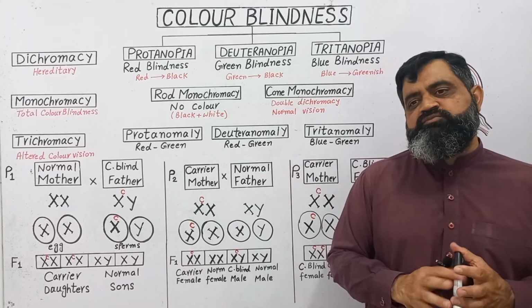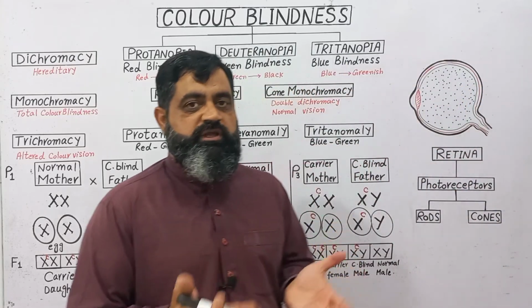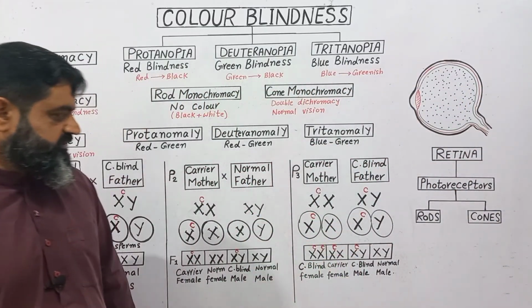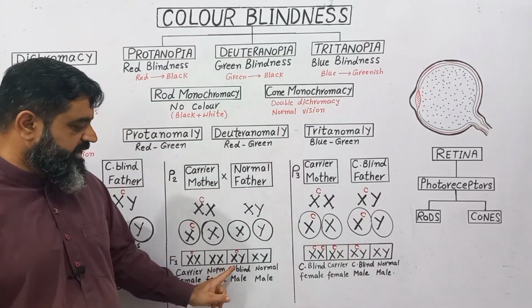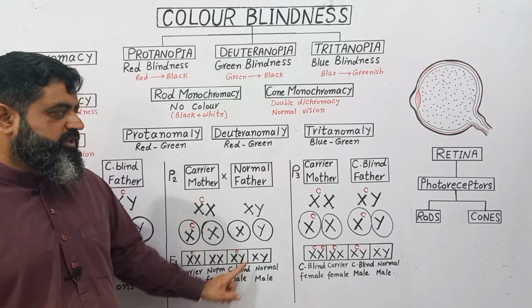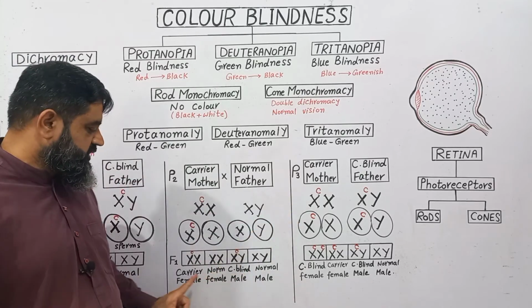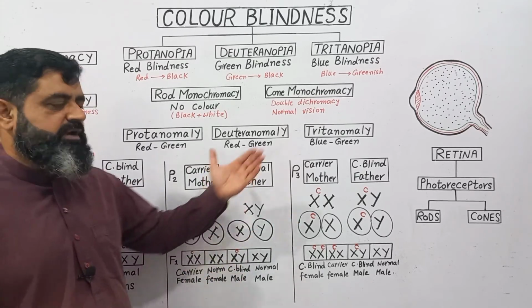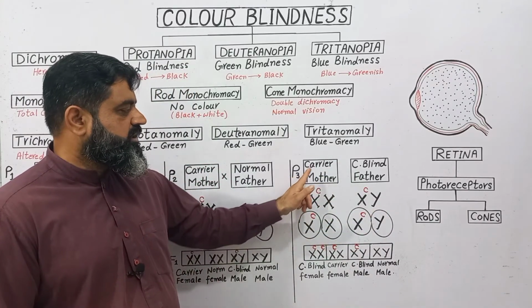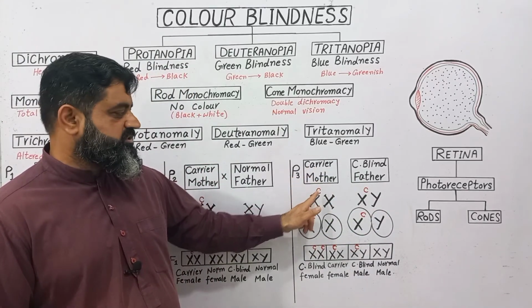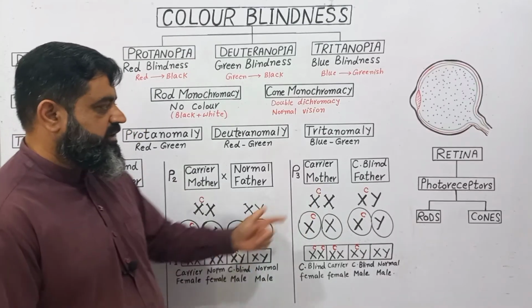So now let's move on to one more cross to understand this genetics more deeply. Now I'm going to marry this carrier female to a colorblind male. I have taken another cross right over here. These are the P3: the carrier mother, who is taken from right over here, and the colorblind father.